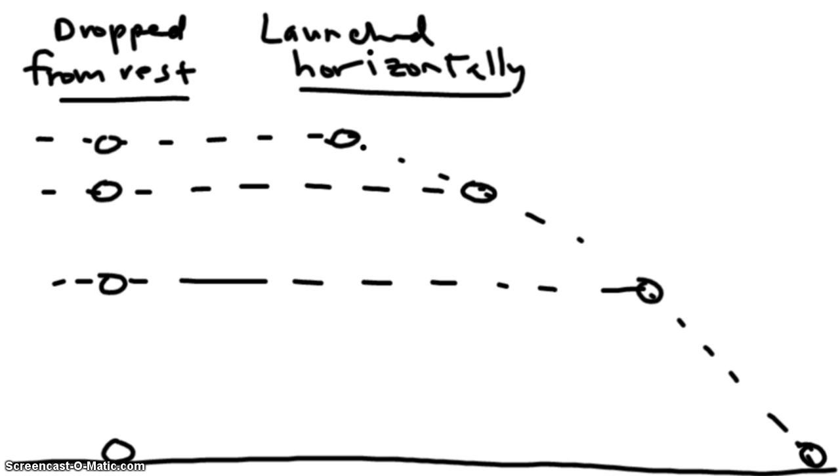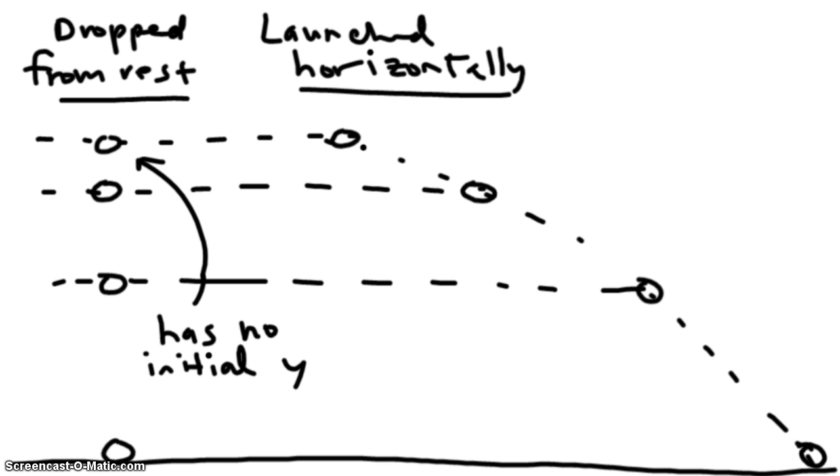The answer is simple. This marble has no initial velocity at all, so it has no initial y velocity. The y component of velocity is 0 because the whole velocity is 0 for this. And for the other, even though it has some initial velocity, it still doesn't have any initial y velocity.